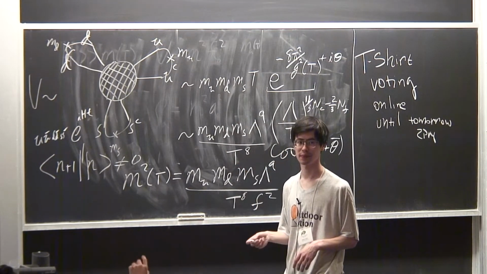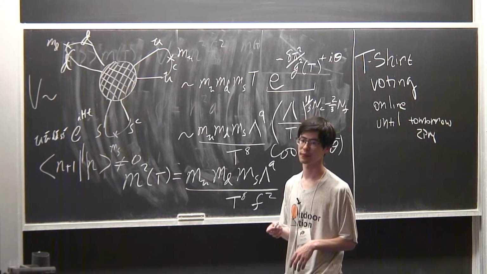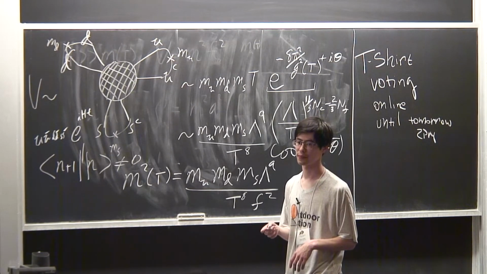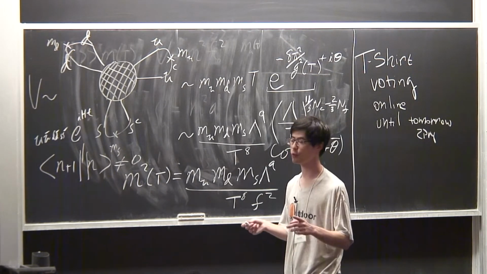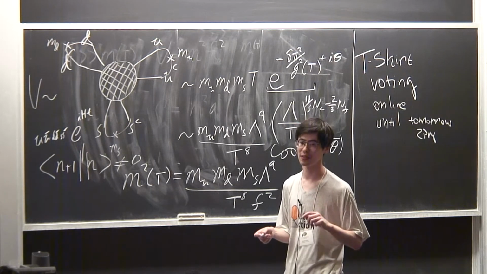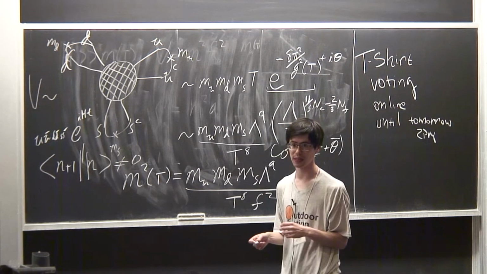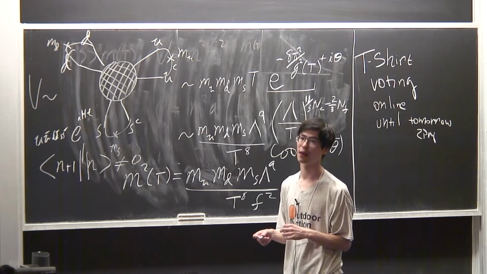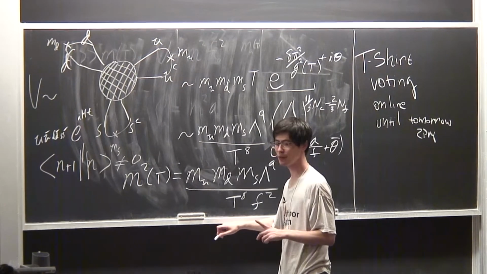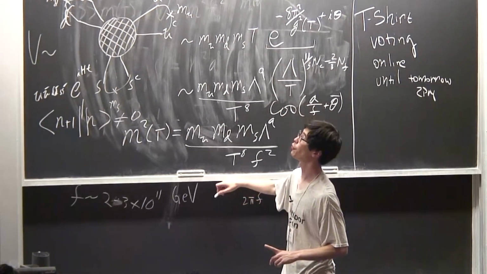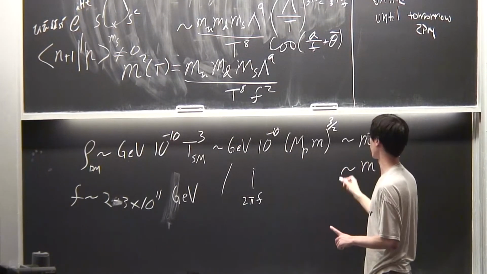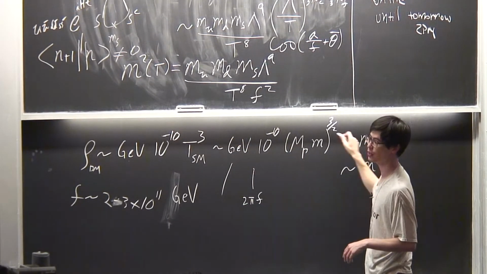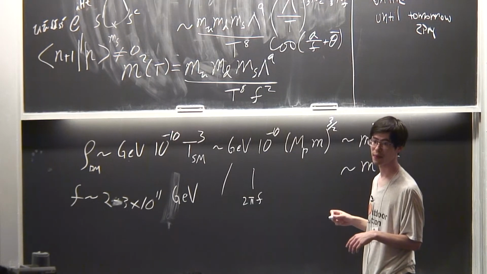I have a quick question. If you approximate the temperature dependence of the axion mass as a step function, but at a very high temperature, does that mean there's no energy density? If you approximate it literally as a step function, then you go back to the first estimate I did. No, sorry. If you put it as a step function, you miss the fact that the number density is conserved and the energy density is not.